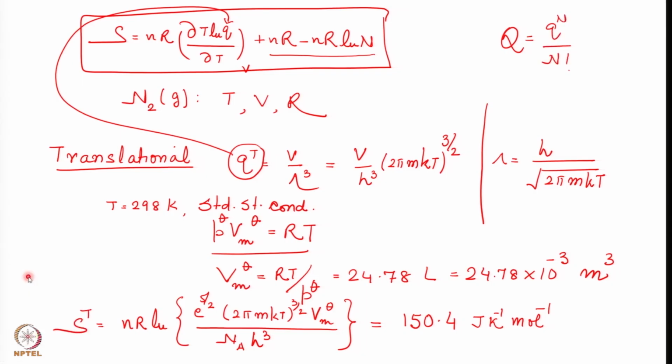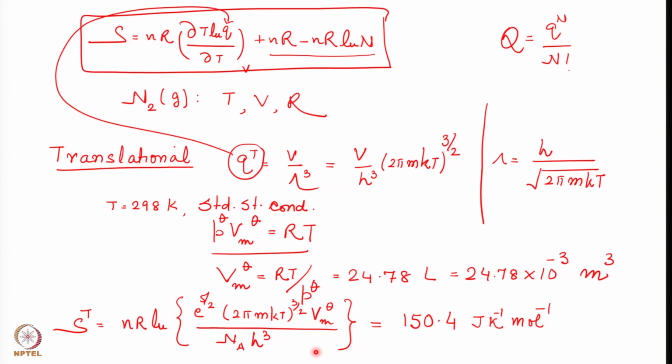This molecular partition function is the product of translational, rotational, vibrational, etc. But n factorial is not coming with each q. N factorial is coming only once. That we are including here along with the translational contribution. You can include it with rotational also, vibrational or whatever, because this factor is going to come only once. We have included it here in Sackur-Tetrode equation. Therefore, we need not use it when we discuss rotational contribution or vibrational contribution.